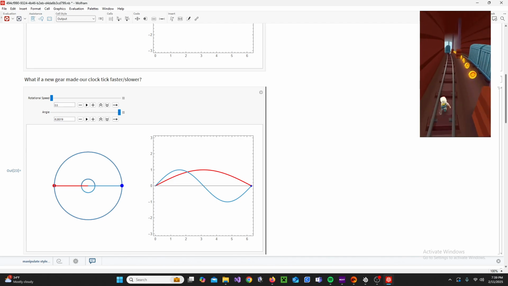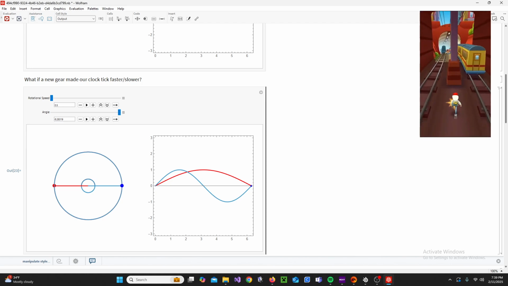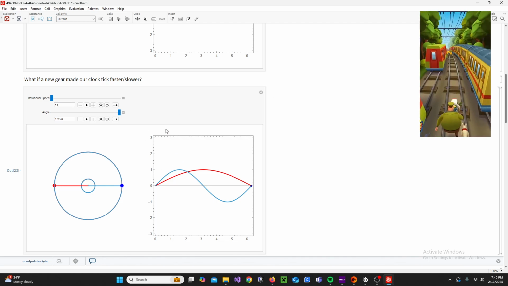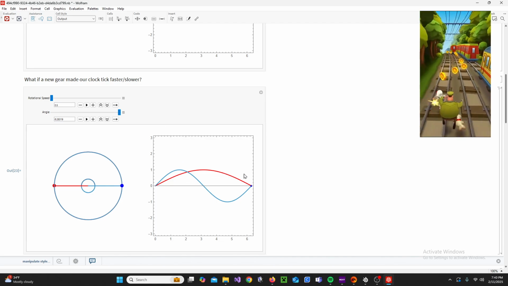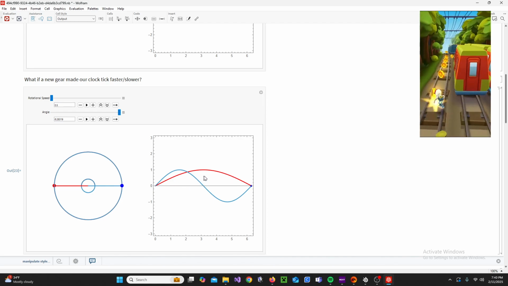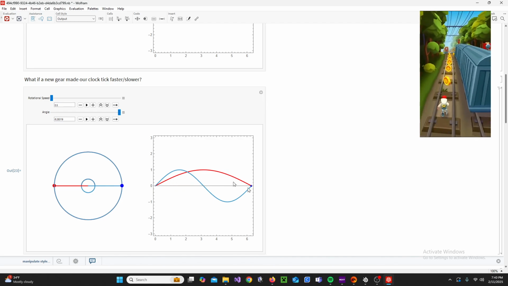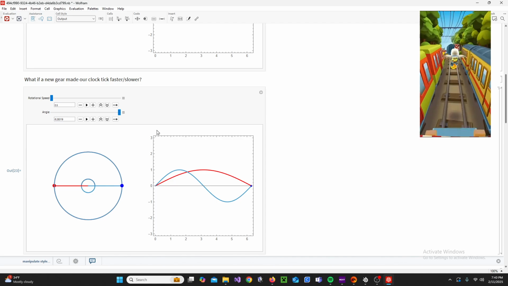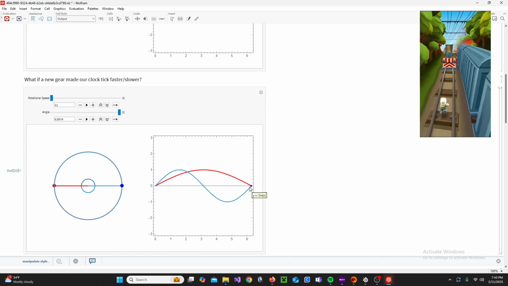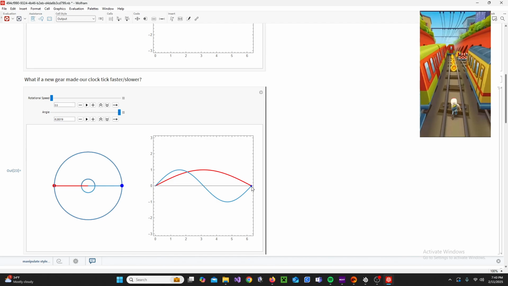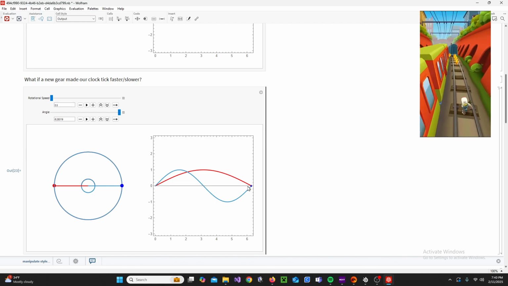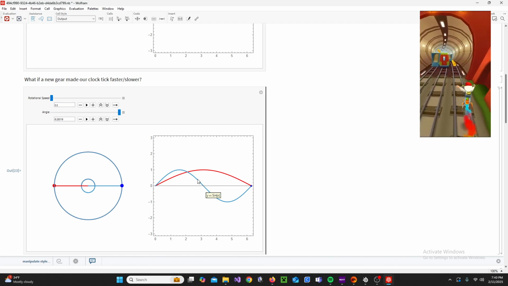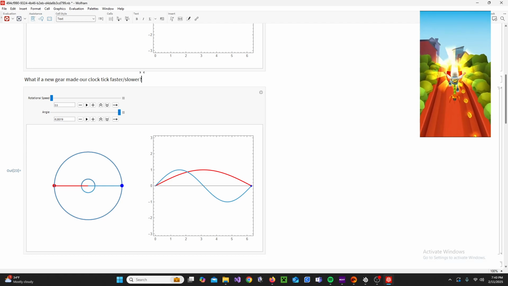It would take me twice as long to get to where you were, right? So it's taking this red function twice as long to get to where the blue function was. So at the end of this 2 pi for x, the red function has only gotten to where the blue function was at pi.